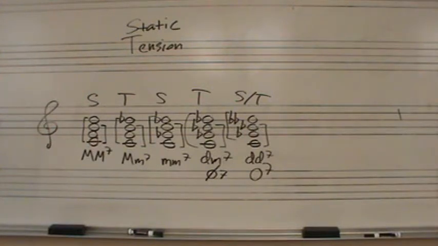All right, so let's move to the tension chords. The tension chords that are marked by T's. Let's begin with the major seventh chord. Here's the major triad and the minor seventh. And we remember from the minor seventh interval that it has a tendency, somewhat of a tendency, to go down.